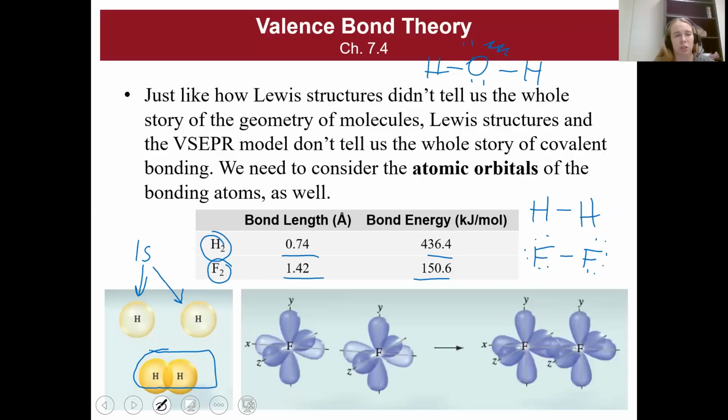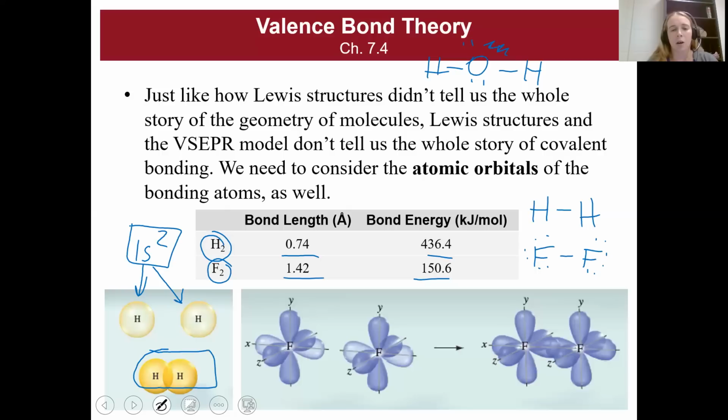Each hydrogen thinks it has a 1s2 configuration, that it owns both electrons. So the overlap of our orbitals results in a bond.